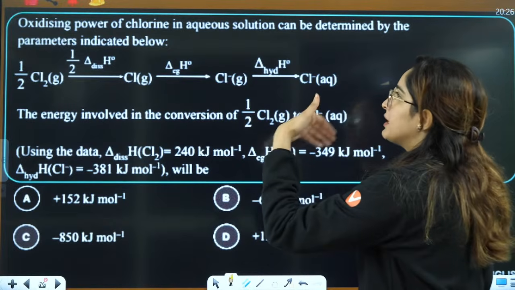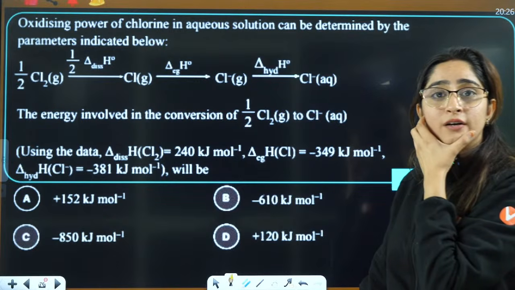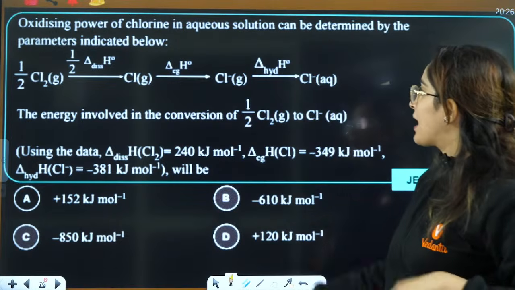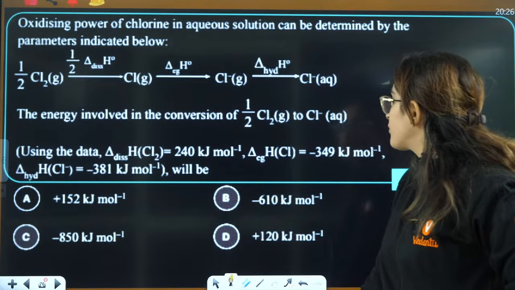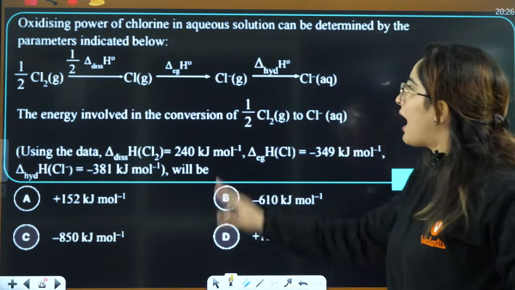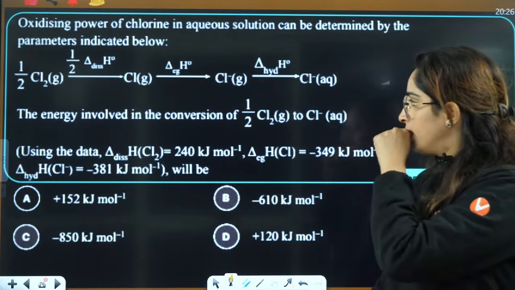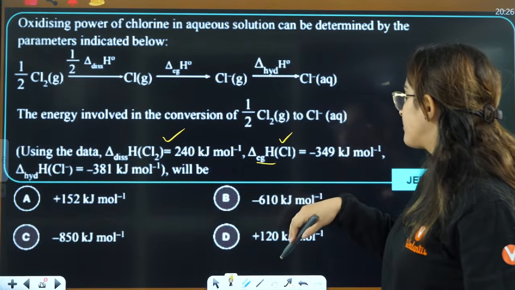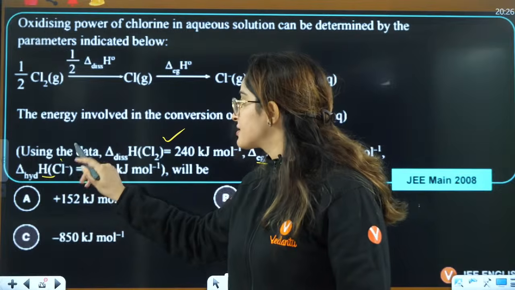That is the electron gain enthalpy, right? Then you are converting this into aqueous, that is hydration. So what is the energy involved in the conversion of this to this? You add all these enthalpies using the data. Dissociation is given, electron gain enthalpy of Cl is given, and hydration is given.